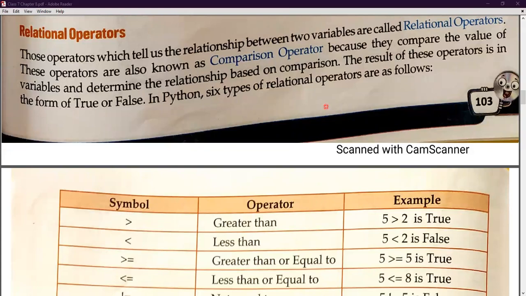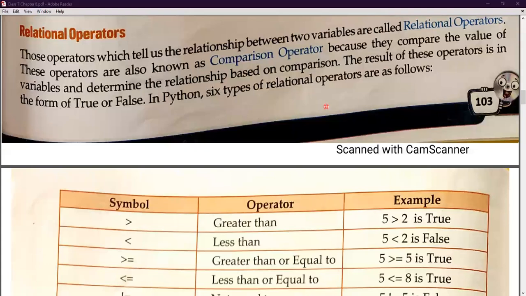Answer me. Then your answer is yes, then it will return true. But if I'm asking is 5 greater than 7, then you will say no, sir. Then it will return me output false, right? So it gives the output in the form of true or false. So this is known as relational operator.